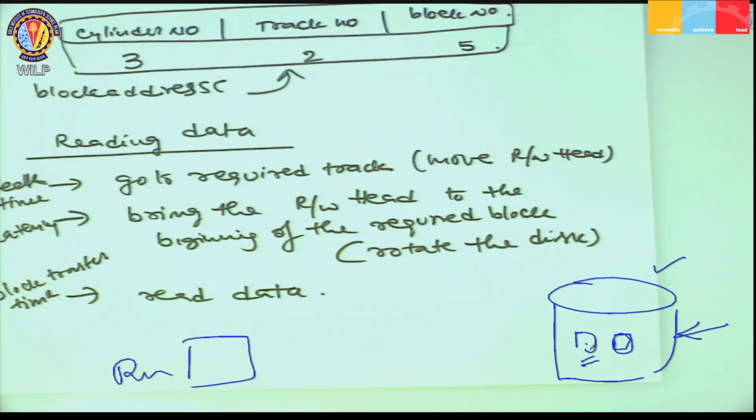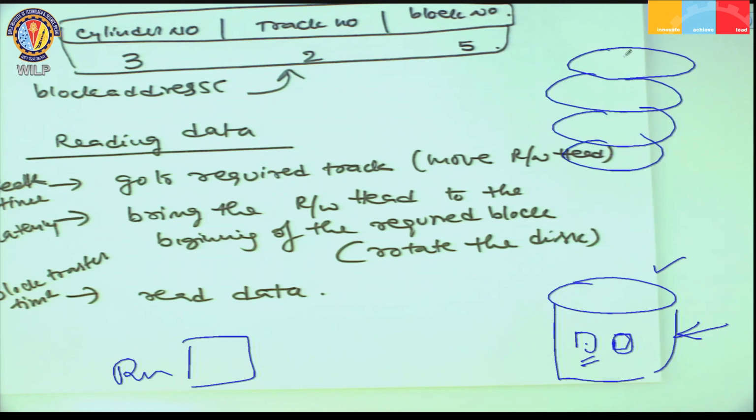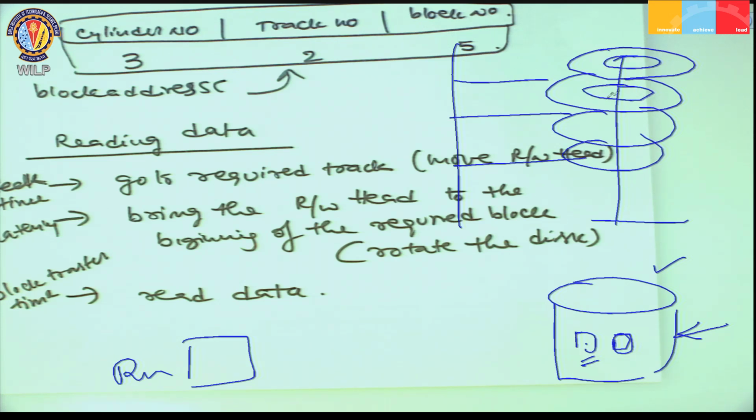Suppose this is the disk pack and this is the read write head, wherein each surface will have one read write head. Let us assume that these are the concentric circles or tracks, and my data is available on this block, on this track, on this surface of the disk pack.